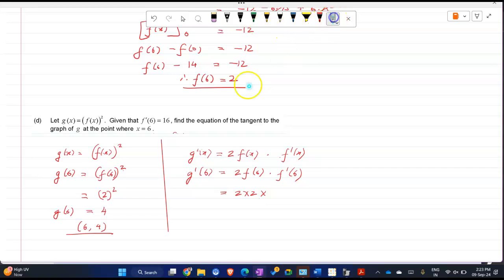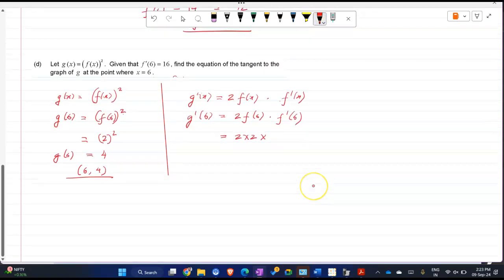Oh, okay. Yeah, it's given in the question. f'(6) is given to be 16. So 64. Correct? So that's the slope of the tangent. Slope of the tangent at x equals 6, because that's g'(6). So therefore what will the equation be?